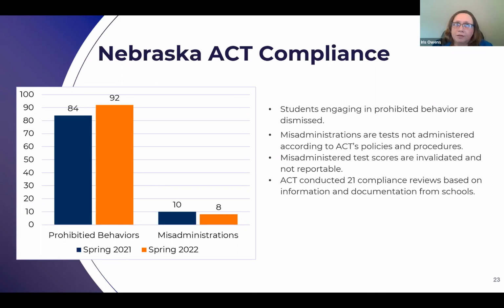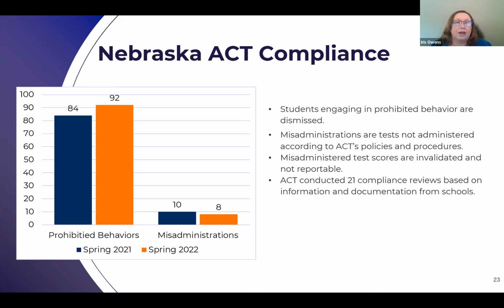We're working with test administration to see if we can change that, but at this time, once you have a prohibitive behavior, you can't test again in that cycle. So you wouldn't be able to test in the spring. Even if you tested in test window 1, if the occurrence happened in that, they could not test in test window 2 or 3. So making the students aware of the importance of that, I think will help.